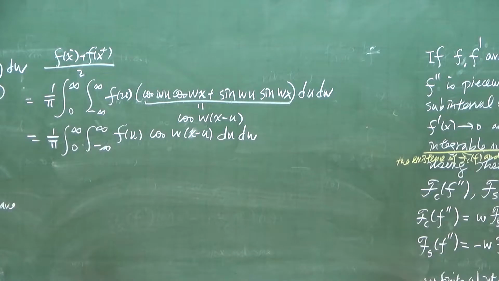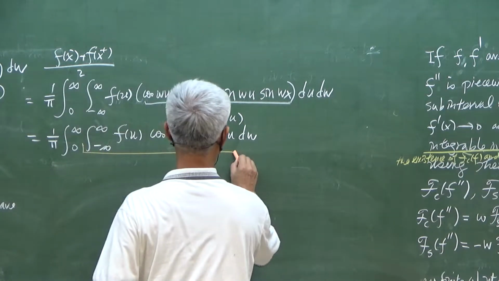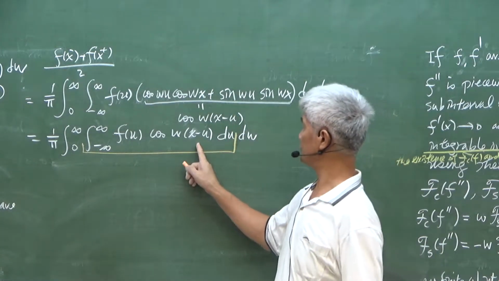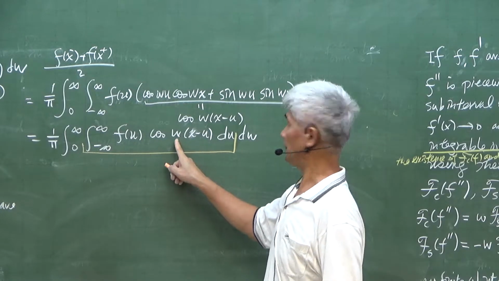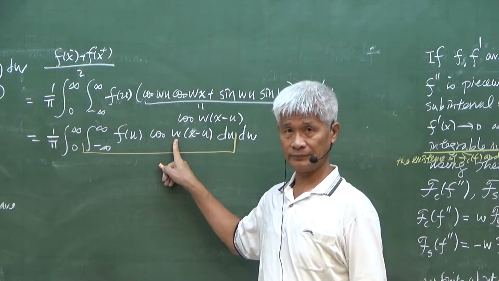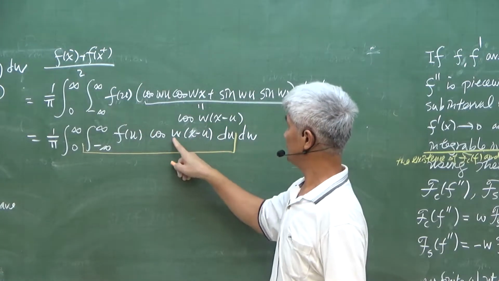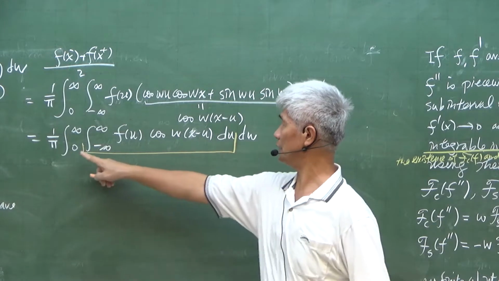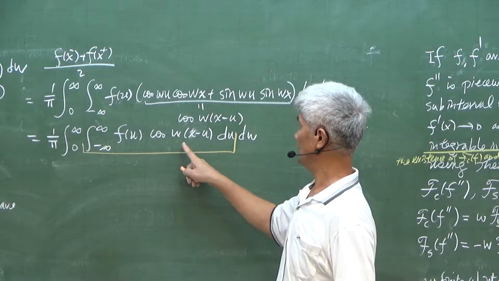Now, begin with our journey. Look at this one. It's a function. It's a function of what? Of w, because we fix x, all right? So this is a function of w. That's why we integrate this function of w over w.